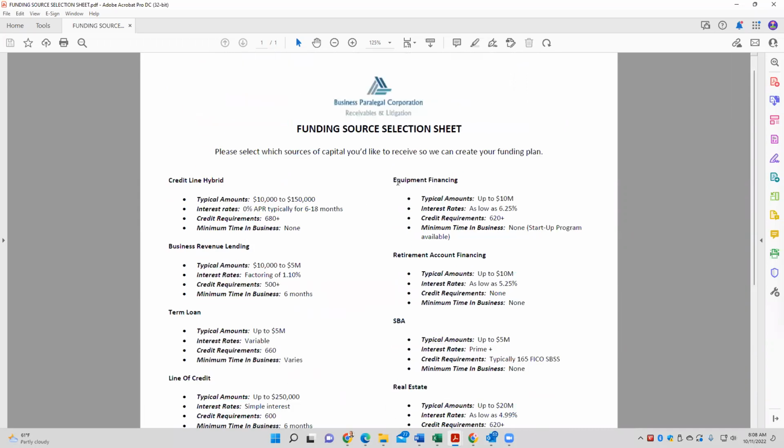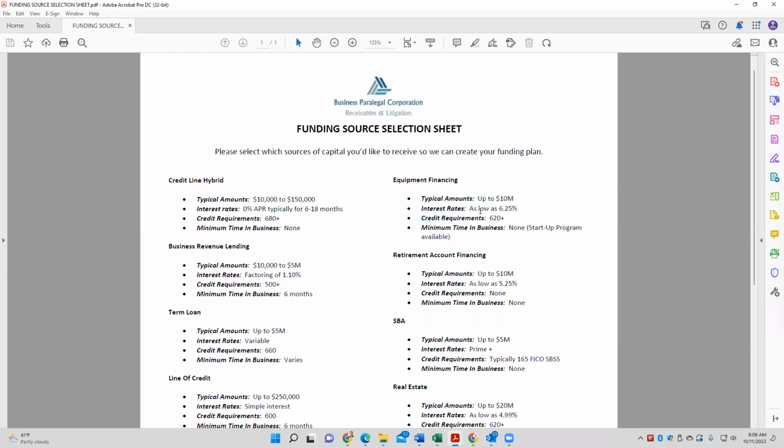Back up to the top, equipment financing is good. It works for many of our clients that are looking to buy, not real estate. They don't need just general working capital, but they want to buy vehicles or they want to buy specific tangible equipment. In those cases, we can go up to 10 million typically for equipment financing.